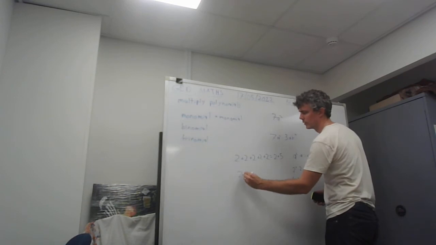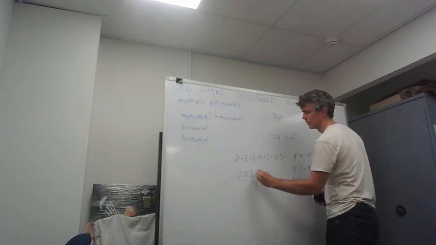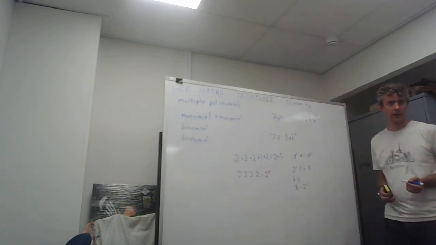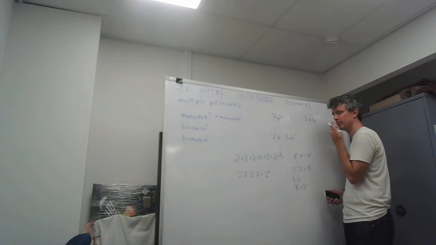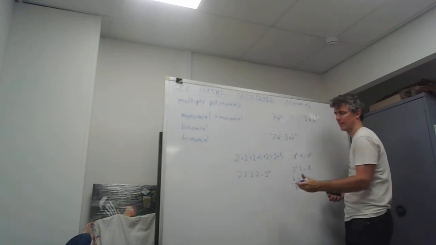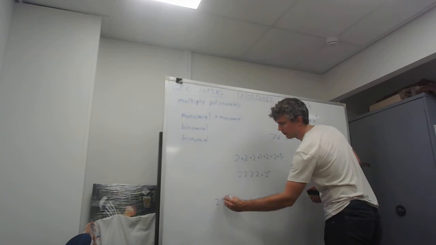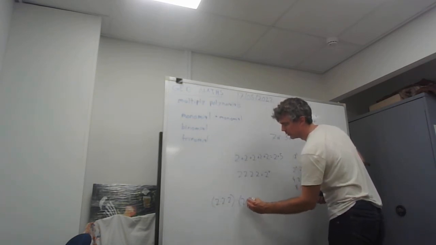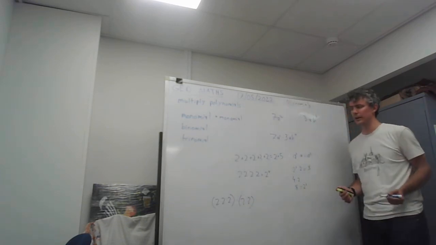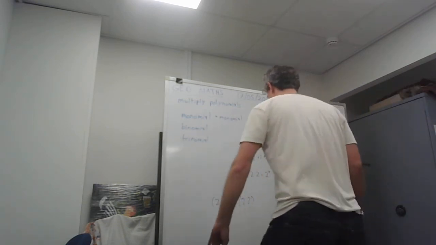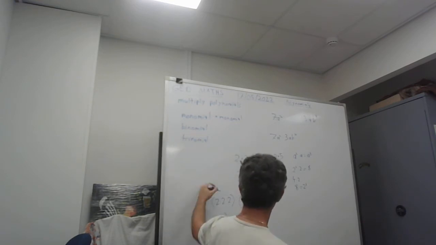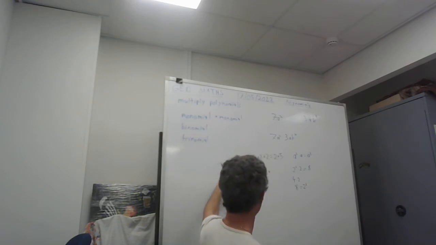The powers are sort of similar. If we do 2 times 2 times 2 times 2, that equals 2 to the power of 4. And when we multiply, if you have 2 times 2 times 2, times 2 times 2, we can see this as 2 cubed times 2 squared, but you can also just count them: 1, 2, 3, 4, 5.